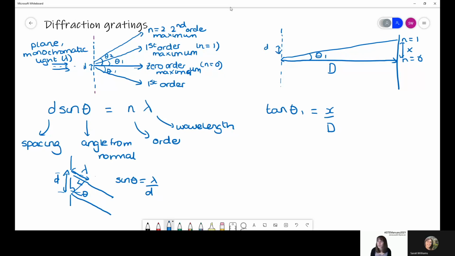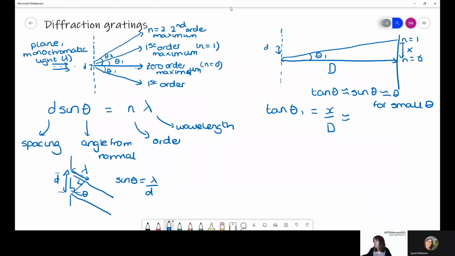However, we're viewing this diffraction pattern suitably far away that we can use something called the small angle approximation. So that's that tan theta is approximately equal to sine theta, which is approximately equal to theta in radians, that is, for small theta.